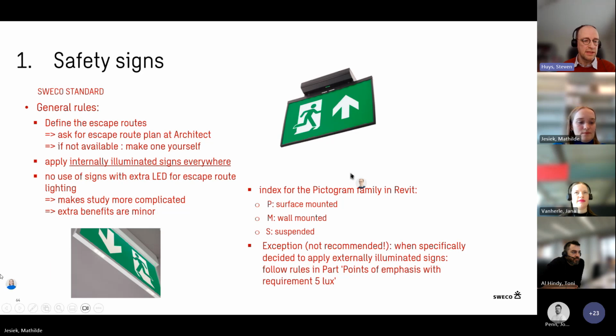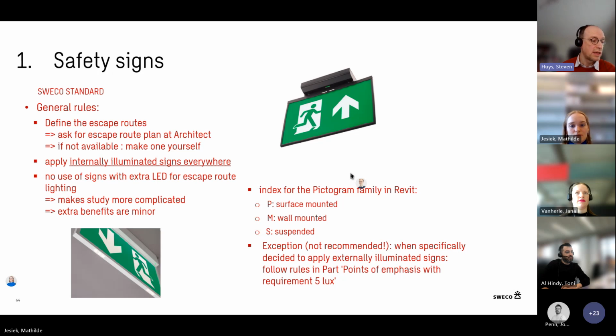First about the safety signs. The general rule is to ask for an escape route plan from the architect. It's not always available. If not, then there's no other opportunity than to make one yourself. It's not rocket science to make one. You have to look at the fire compartments. If there are less than 100 people in a fire compartment, then you should have one escape route.